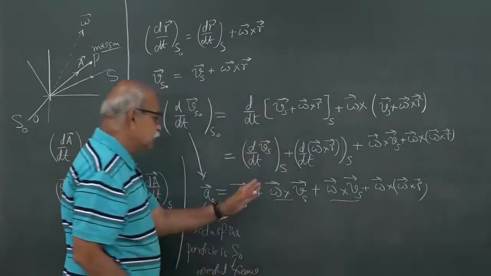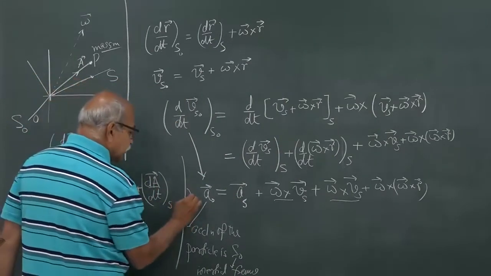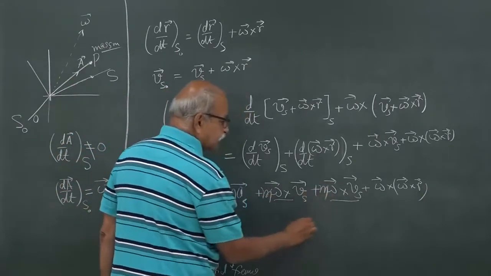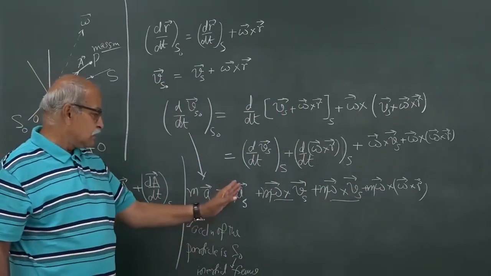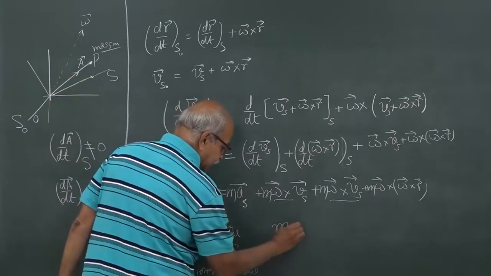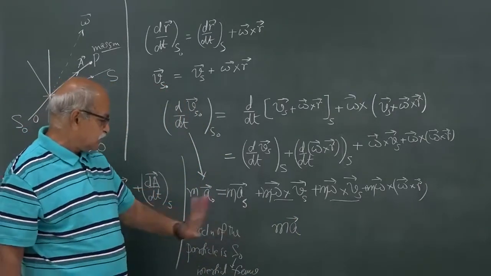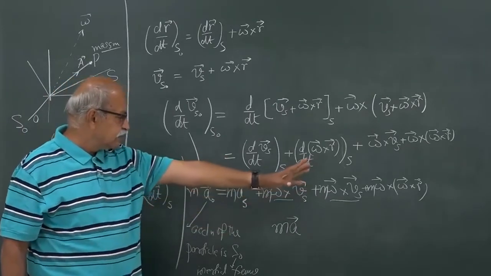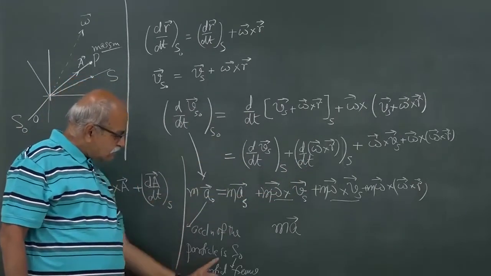So, you can put a 2 here, multiplied by m everywhere, the mass of the particle. Then what is this m into A_s? Mass into acceleration. And now I will be dropping this S, because it is very clear that we are writing acceleration, velocity, everything in S frame, the rotating frame, and here this is in the inertial frame.